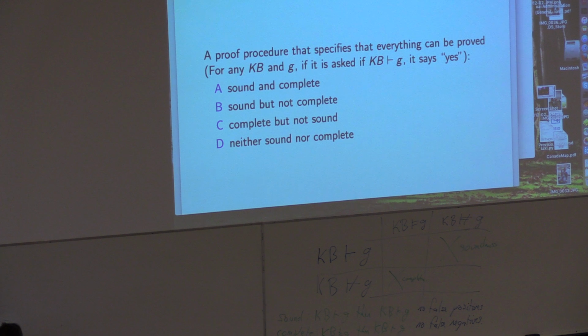Here's the next one. A proof procedure that specifies that everything can be proved. So for any knowledge base and G, if it's asked whether G can be proved, it says yes, I can prove it. Is it sound and complete, sound but not complete, complete but not sound, or neither sound nor complete?